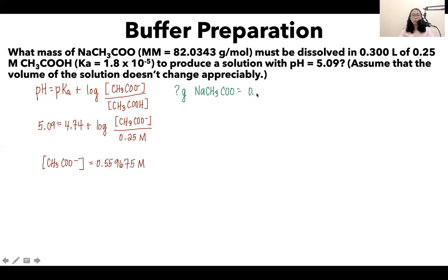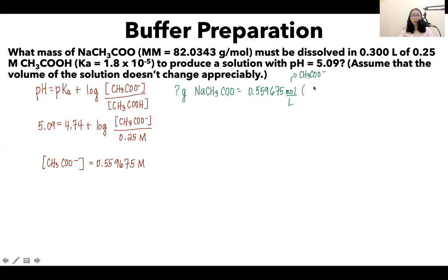So again, our basis is this concentration, 0.559675 molar or mole per liter. Again, this refers to the moles of acetate.